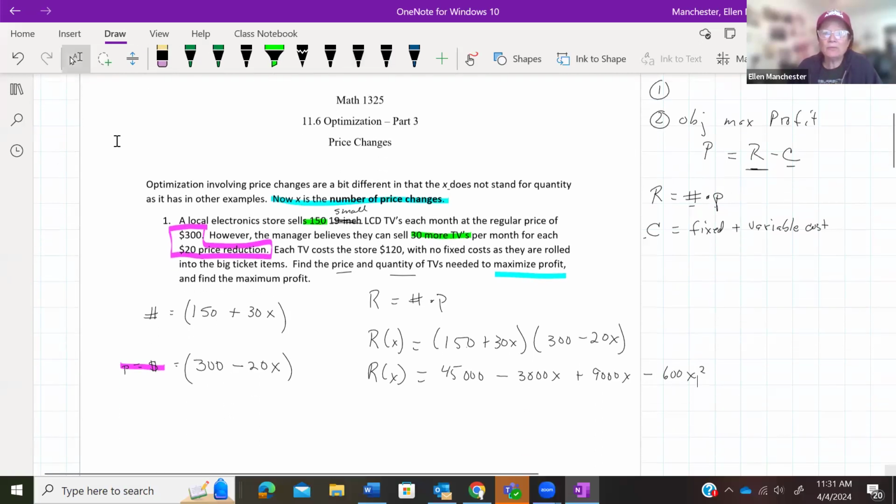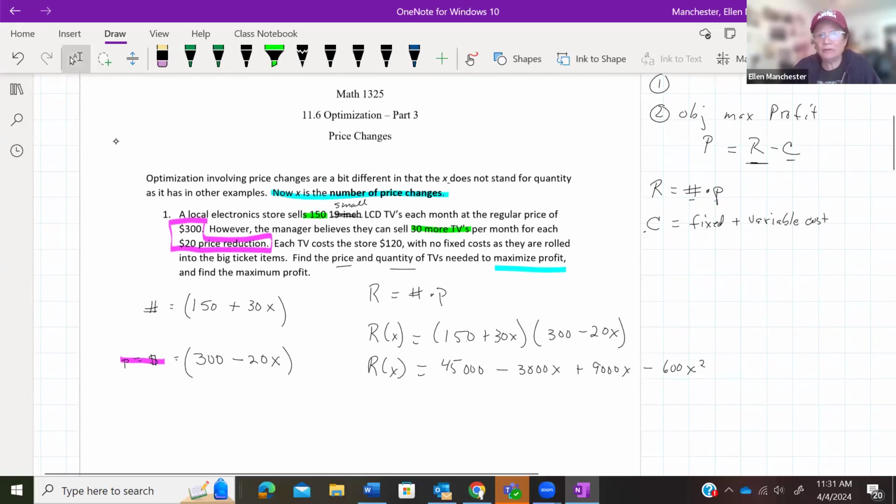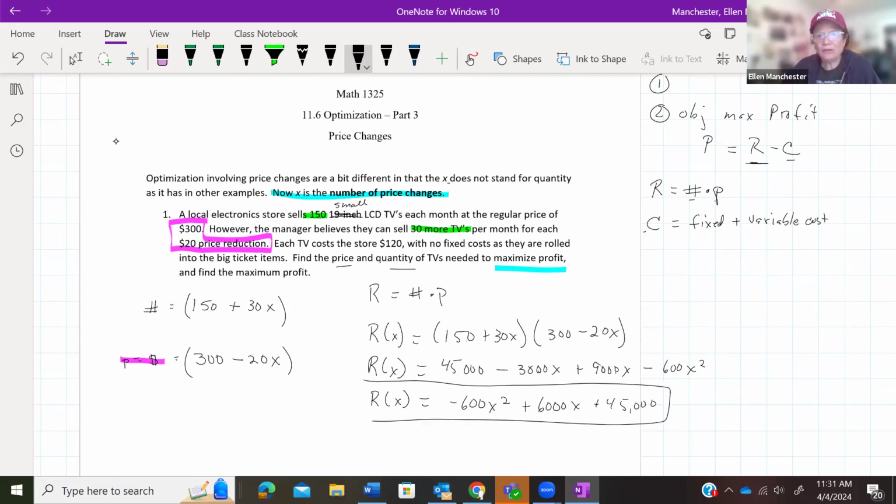So all I'm doing is simplifying my revenue function, and I'm going to rearrange it here. 9,000x minus 3,000x is 6,000x plus 45,000. Okay, so that's one of my functions that I need.